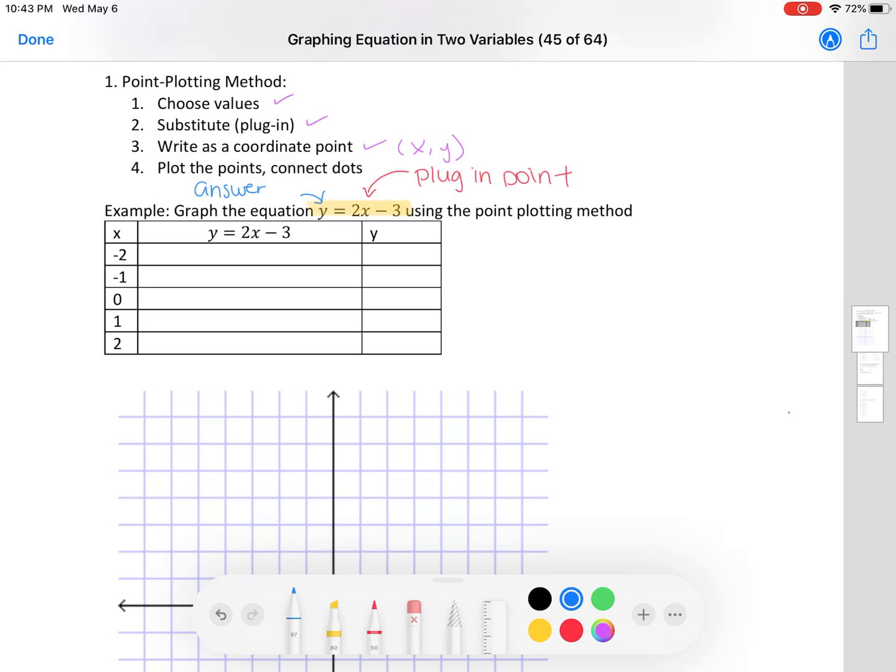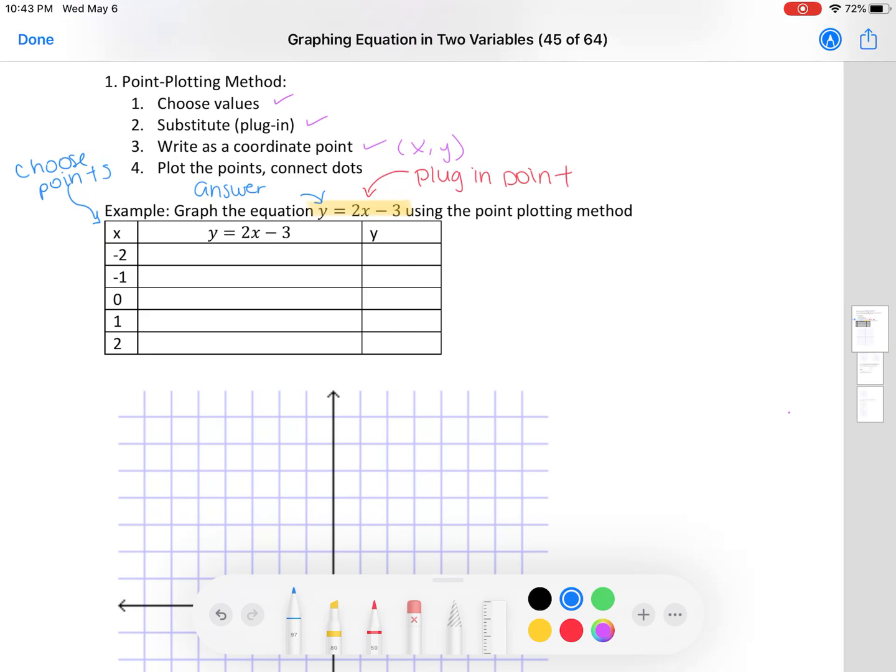Now, when I say plug in, we say substitute. Plug in isn't really what you like to use in math. I chose these points for you, but you can pick any points you like. There is no right or wrong answer. If you choose a point, because it's an equation, it's going to give you the correct outcome.